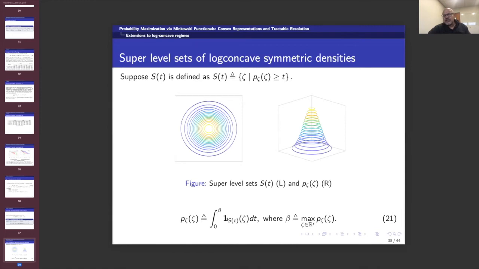So basically this indicator function takes on a value 0 if you're outside the set, and the value 1 if you're in the set. And beta is the maximum value that this density achieves. So now p sub zeta is defined in this form.